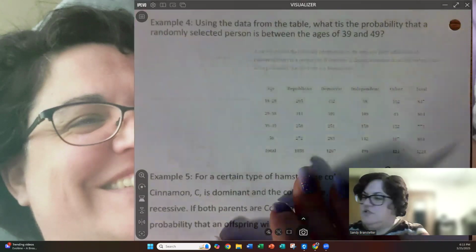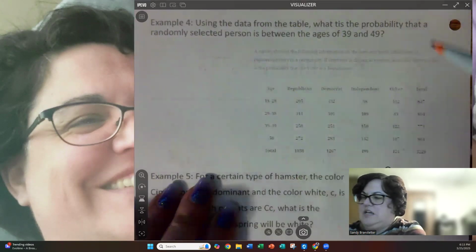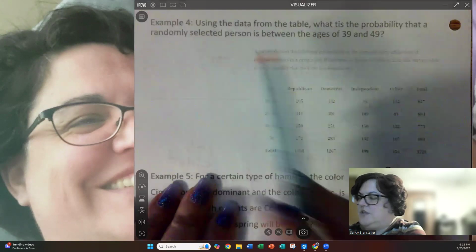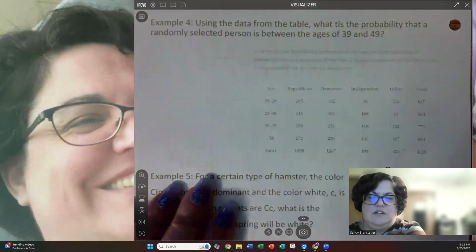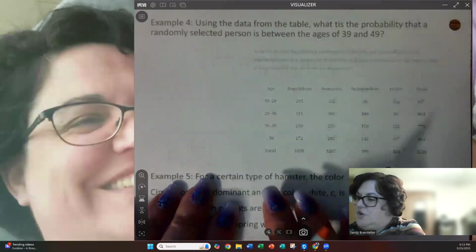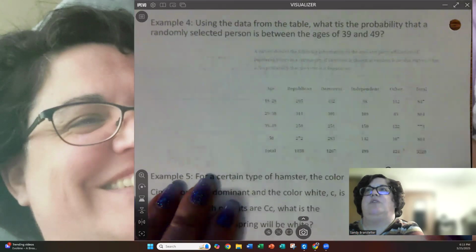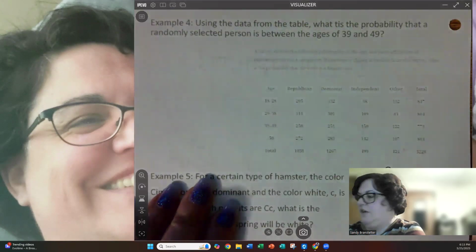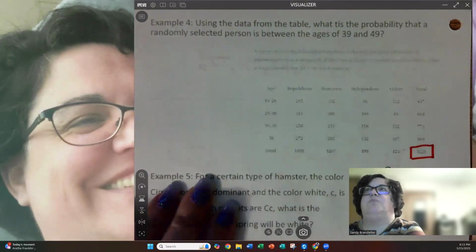It says, using the data from the table, what is the probability that a randomly selected person is between the ages of 39 and 49? So first of all, the most important thing we need in any table is the total number of items. That is this final number.